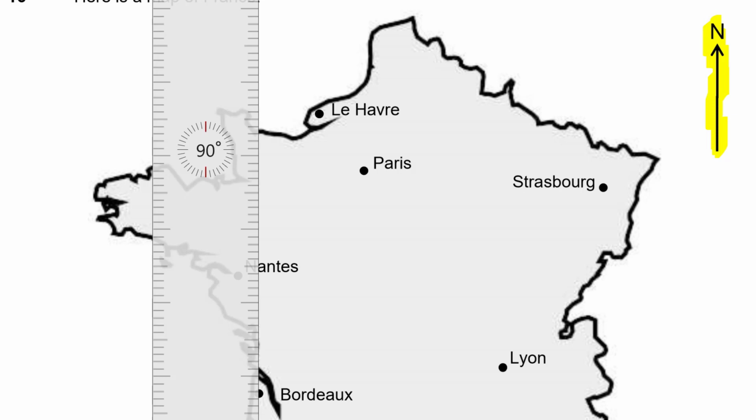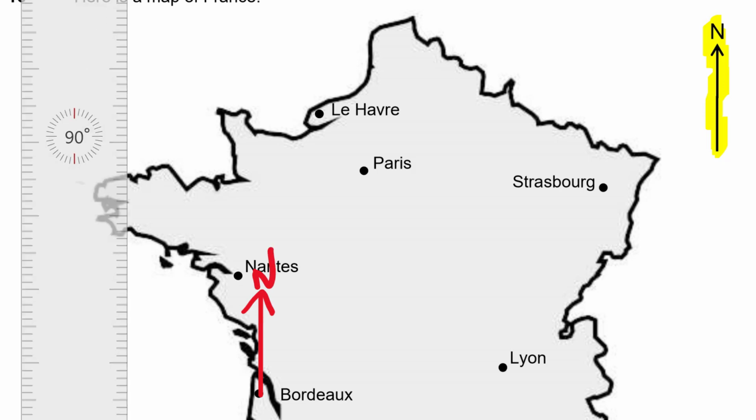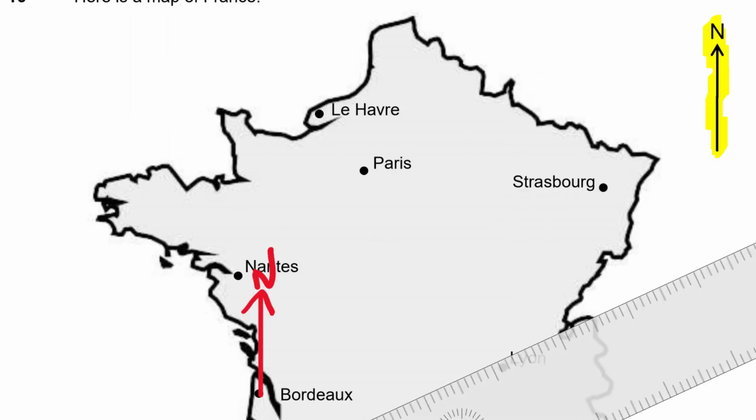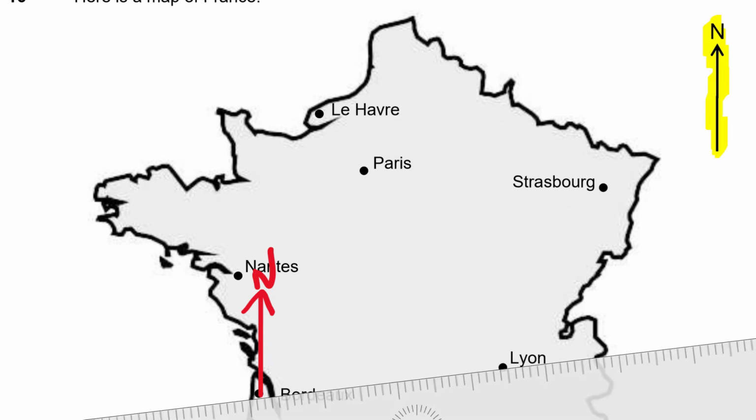So I want to go directly north from Bordeaux, so drawing an up arrow from there. Okay, so that's my north line. And from Bordeaux, I want to go in this direction, don't I?